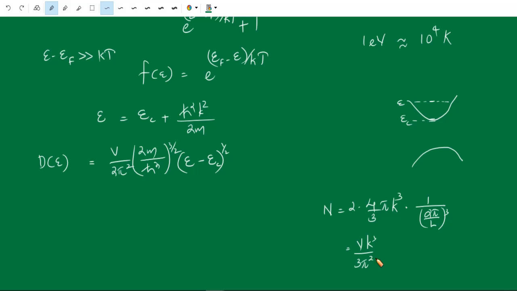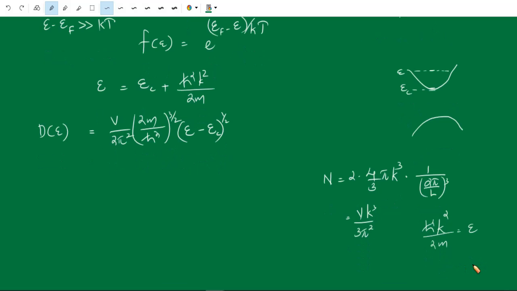And what is k in terms of energy? h cross square k square by 2m is the kinetic energy.